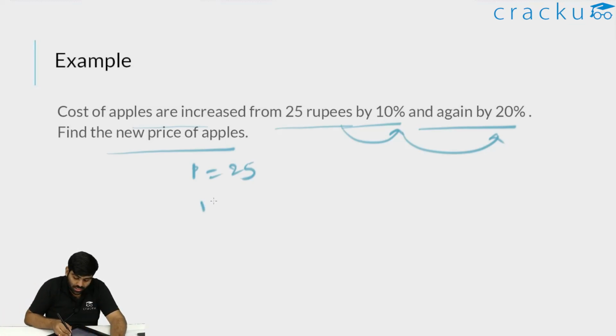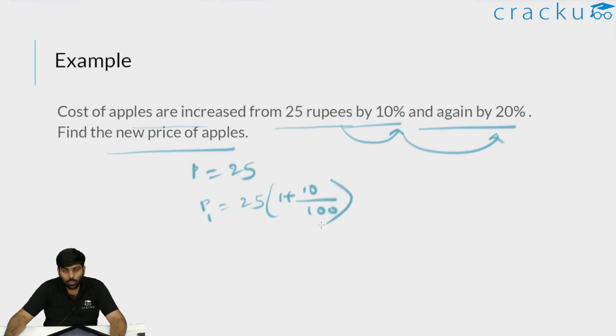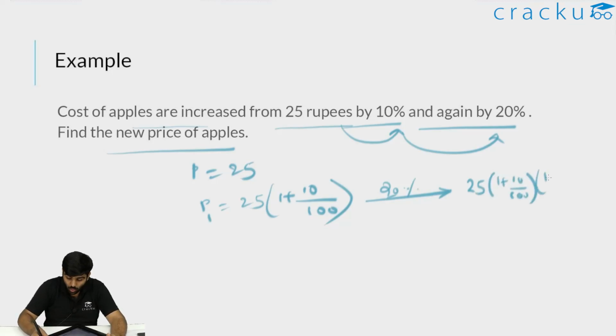So what would the first step price be? When I increase it by 10%, it becomes 25 into 1 plus 10 by 100. But I said I am increasing again by 20%, so this price is increased by 20%. So again into 1 plus 20 by 100.